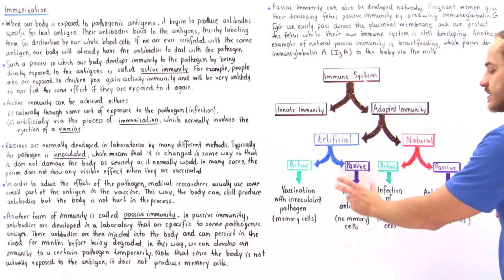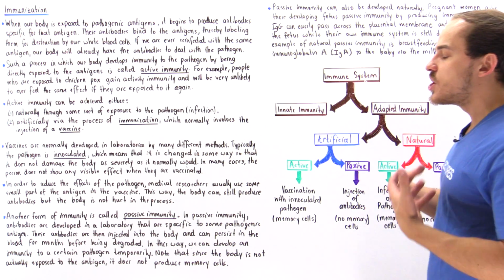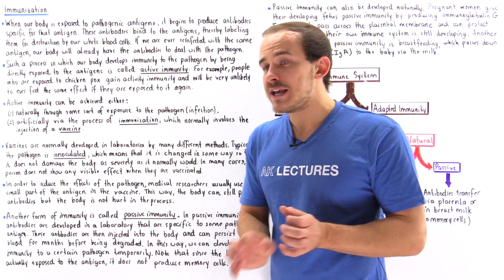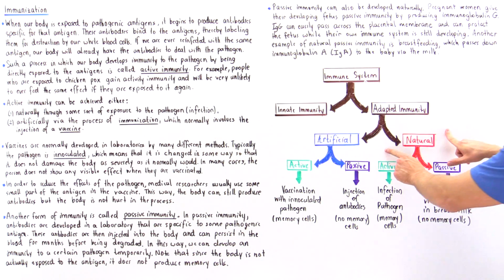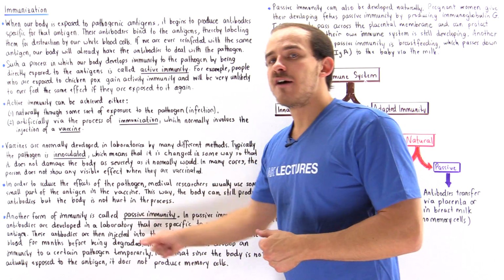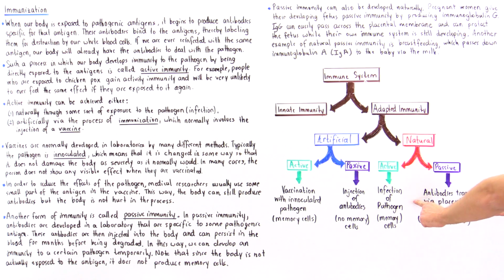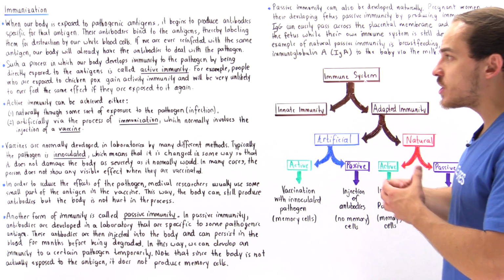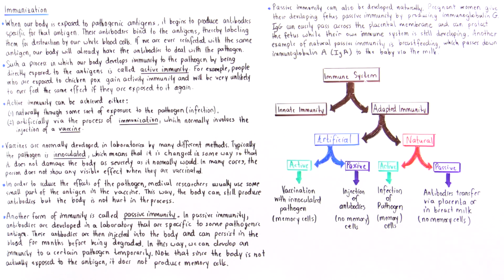Now, the problem with this is it doesn't produce any memory cells, and so after several months, we essentially lose any immunity that we initially had as a result of that passive immunity. And we also have the natural process of passive immunity, as we discussed just a moment ago. So antibodies transfer via the placenta when the woman is pregnant, or during breastfeeding when the milk is transferred to that child, along with those immunoglobulins, specifically immunoglobulin A.